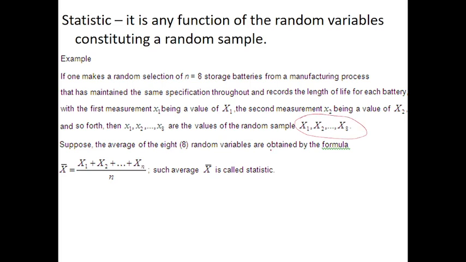Suppose the average of the 8 random variables is obtained by the formula. So this average is what we now call a statistic, because it is a function of the random variables constituting a random sample.